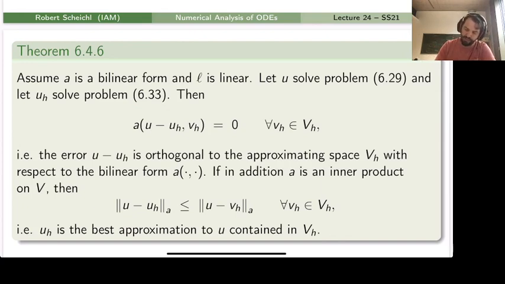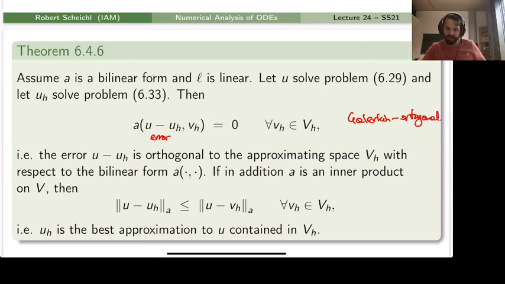Then we can prove, and I'll do it in a minute, that the error U minus U_H is A-orthogonal to any element in the approximation space V_H. So for any element in V_H, if I put it into the bilinear form together with the error U minus U_H, then the result is 0, and this is called Galerkin orthogonality.